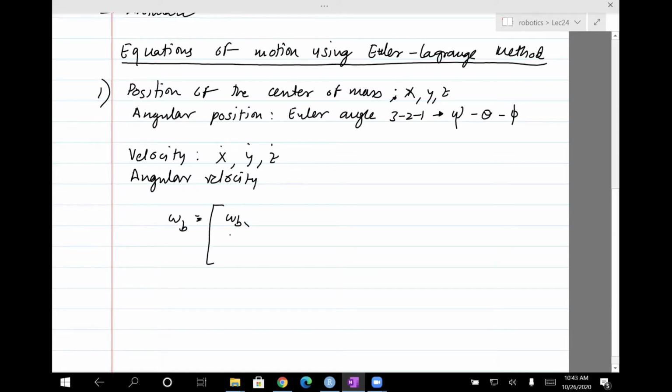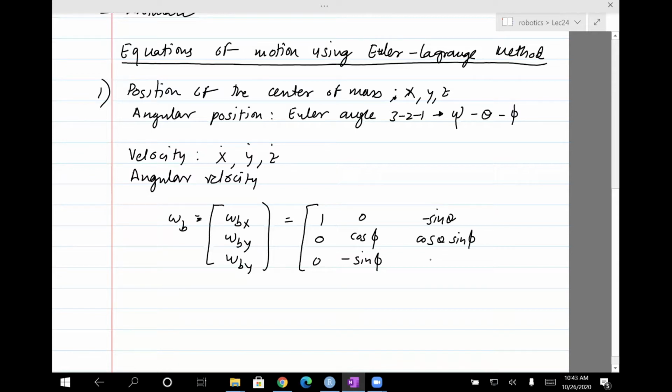So we derived a formula for the angular velocity in body frame. It's basically the matrix with rows 1, 0, minus sine theta; 0, cosine phi, cosine theta sine phi; and 0, minus sine phi, cosine theta cosine phi, times the 3 rates, phi dot, theta dot, psi dot.